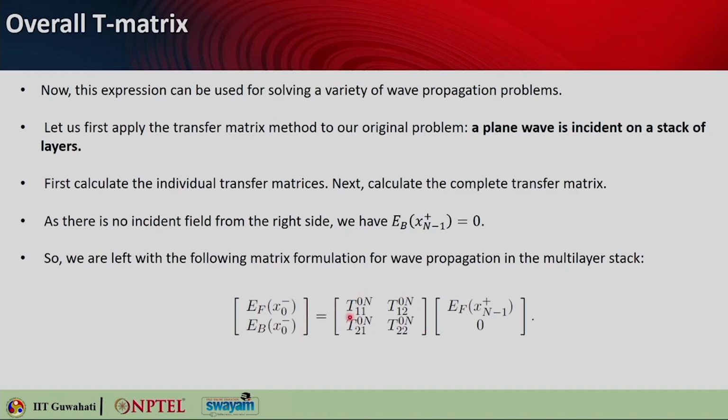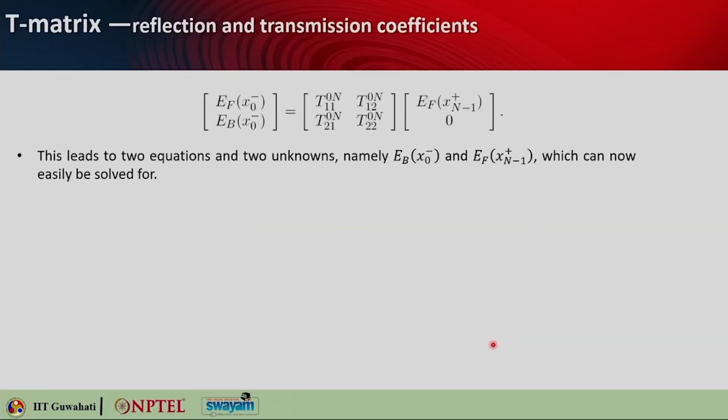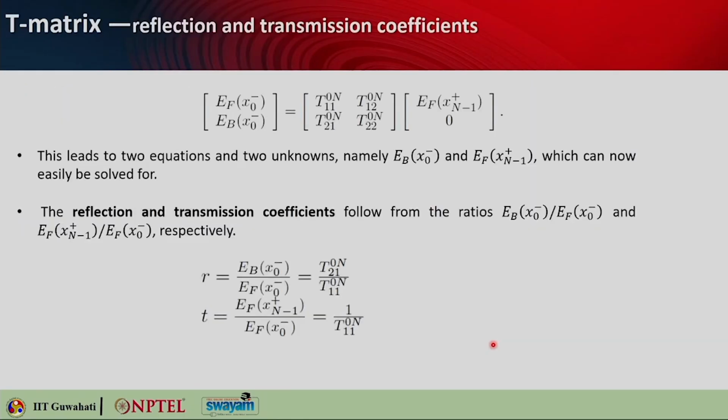This is the overall transfer matrix. That is why you look at the superscript 0 to n, and these are the elements of the matrix, 1 1, 1 2, 2 1 and 2 2, and here we have put that this term is 0. Okay. So EB x n minus 1 plus is 0. Clear? So this is the final transfer matrix.